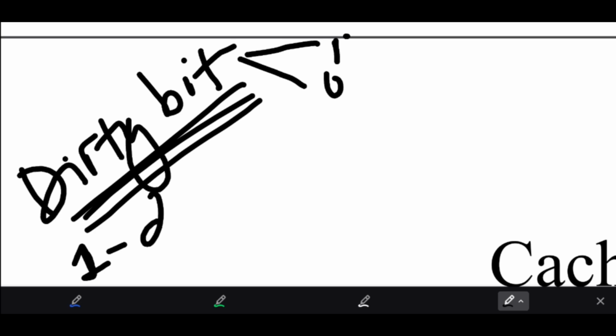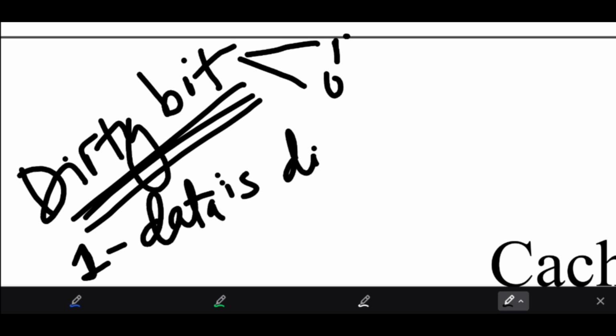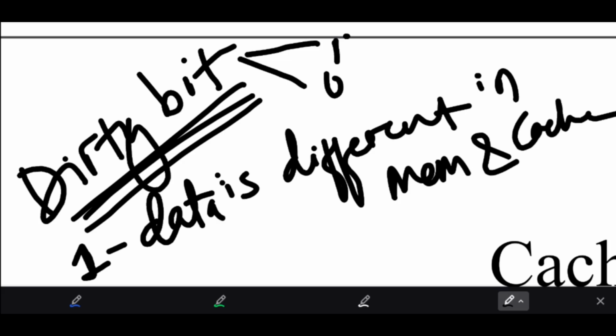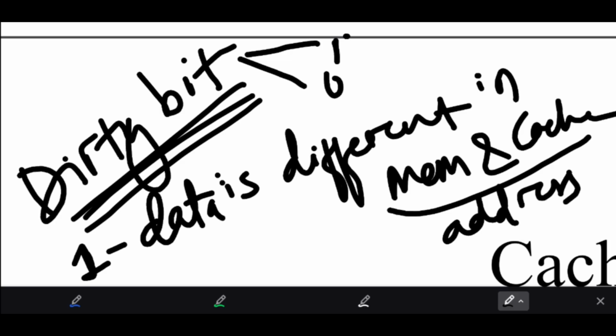is different. The data is different in memory and cache, associated with the same address. This is when the data bit is 1.